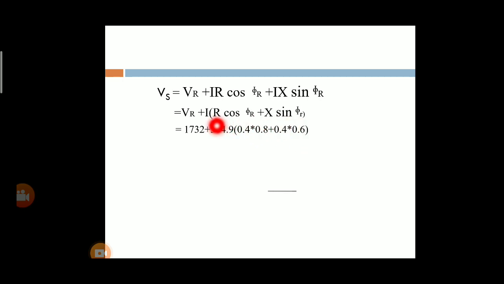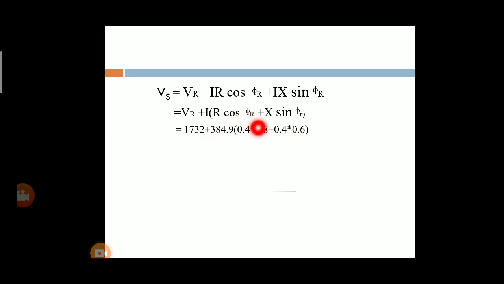Using the cos phi R value, we determine the sin phi R. With cos phi R equal to 0.8, phi R equals 36.6 degrees. After that we calculate the sin of 36.6, and its value is 0.6.